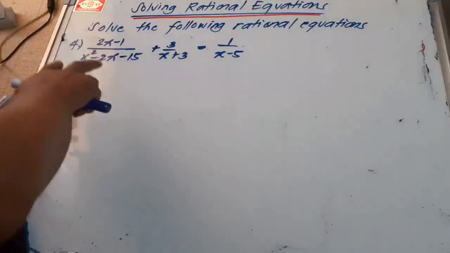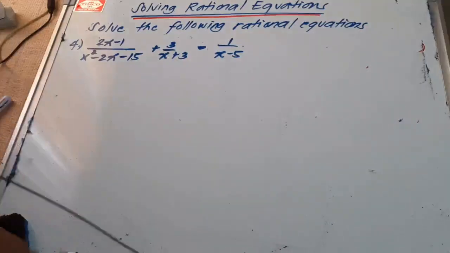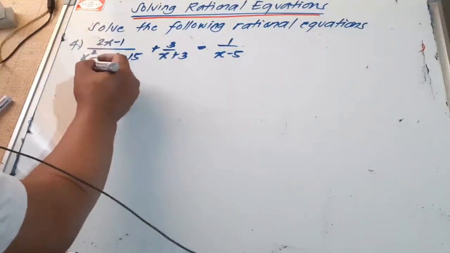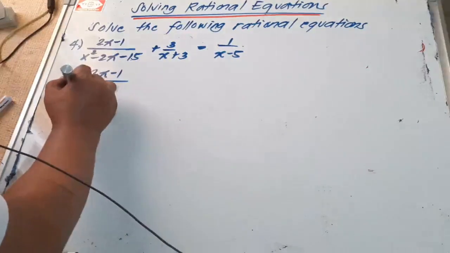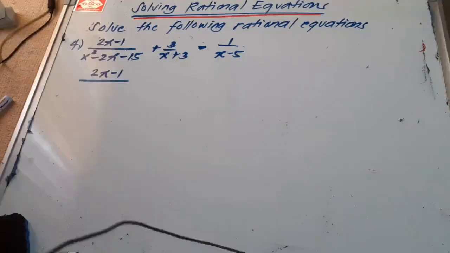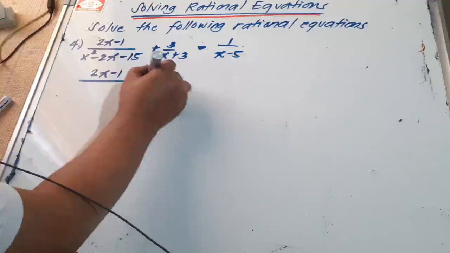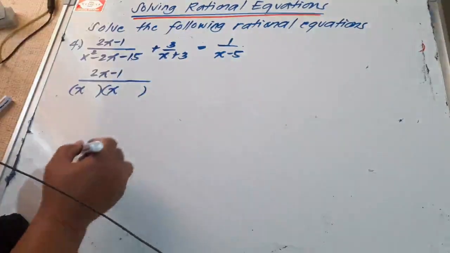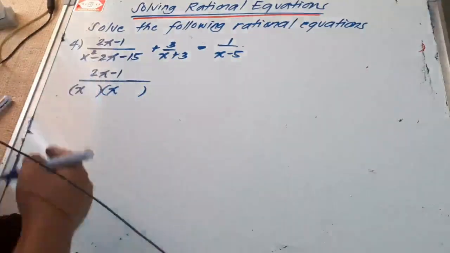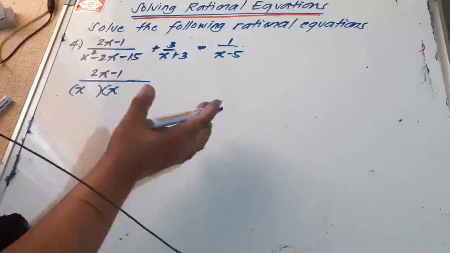So we determine first the factor of this trinomial. We have 2x minus 1 all over, what is the factor of that trinomial? The factor of this trinomial is the product of two binomials. So we have x and x. Then for negative 15, that will result to negative 2x is 5 and 3, because 5 minus 3 is 2.